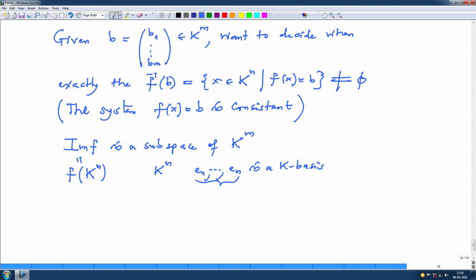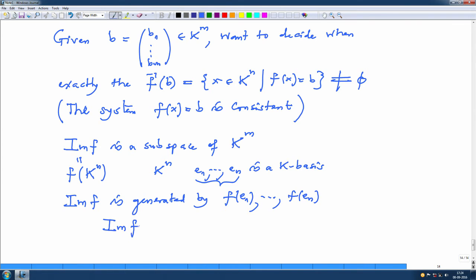Therefore, the image will be generated by the images of these. So, the image of f is generated by the vectors f of e1, ..., f of en. In our earlier writing, the image of f equals k f e1 plus k f e2 plus ... plus k f en. This was precisely the meaning of a subspace being generated by these vectors. This is the smallest subspace which contains all these vectors.